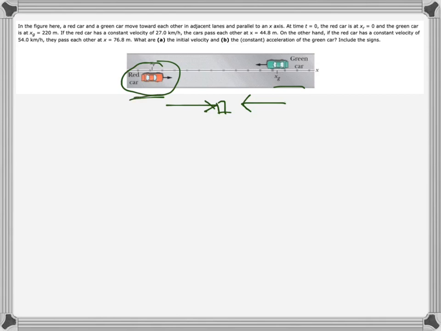So as it is going at a constant velocity, we know the equation will be x equal to vt, because it's constant, no acceleration. While for the green car, the equation will be x, instead of s, I'm writing x. Let's say this is VR, because red car, and this will be V naught, instead of U, I am using V naught G t plus half a t square.